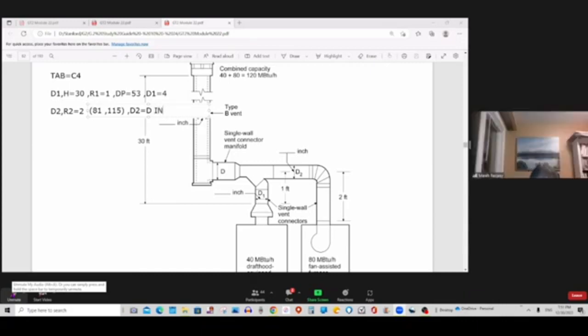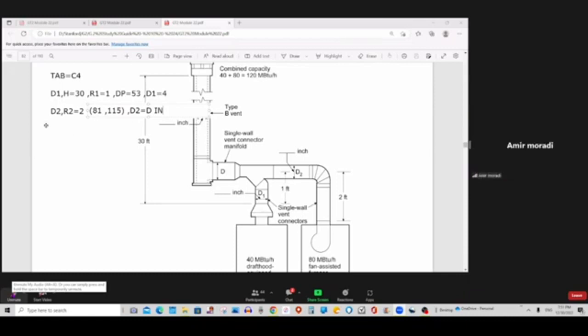Okay, now, sir, would you read GVR C.2.5? If vent connectors are combined prior to entering the common vent, the maximum common vent capacity listed in the common venting tables shall be reduced by 10%.